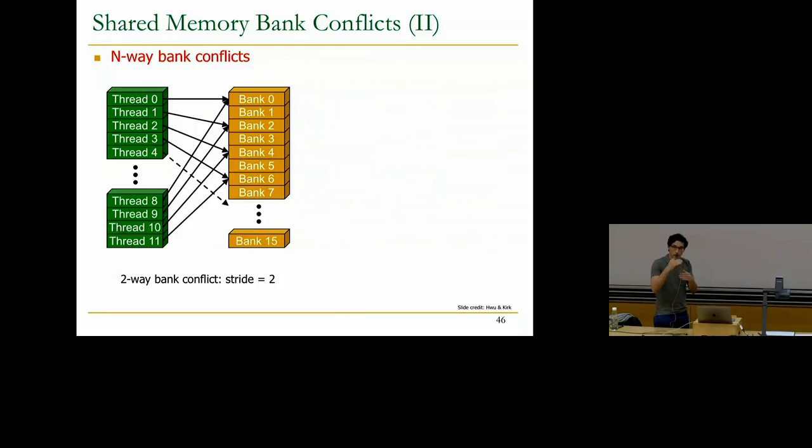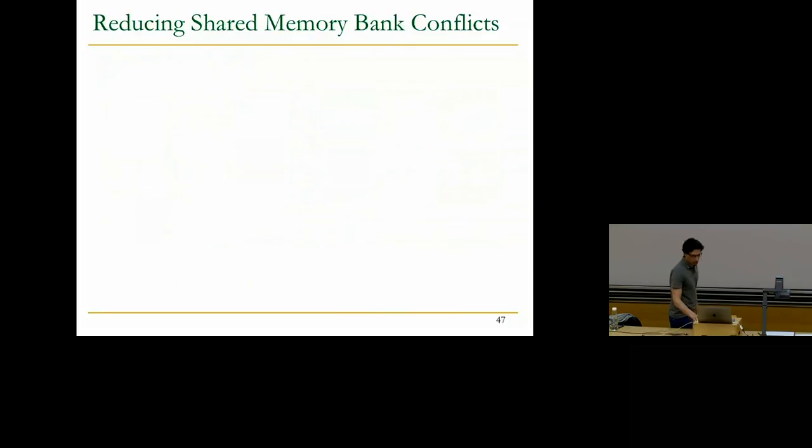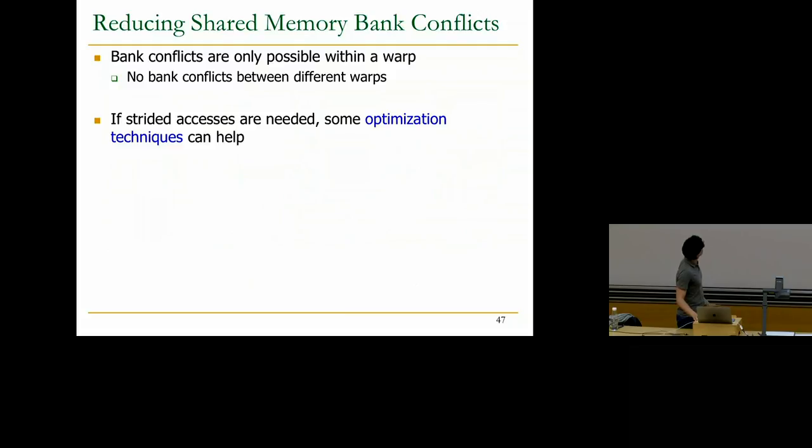But the problem is when it's not the same address, it's different addresses in the same bank. Then we will see, in this case, a 2-way bank conflict, or here we have an 8-way bank conflict.